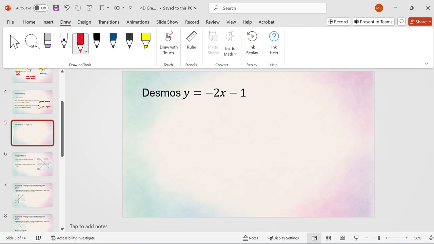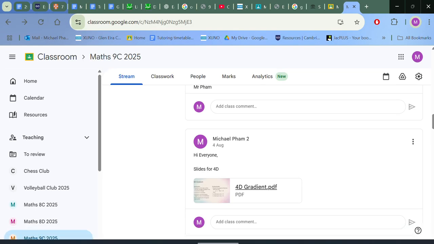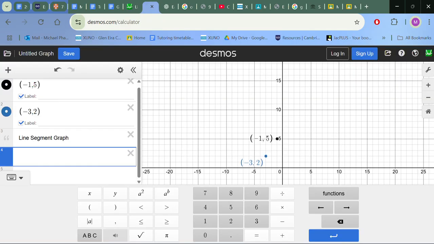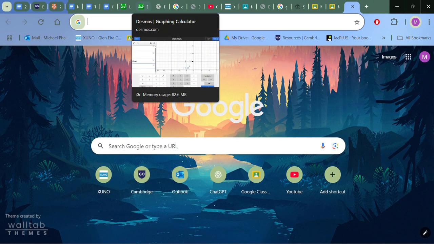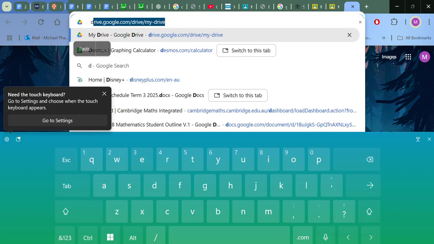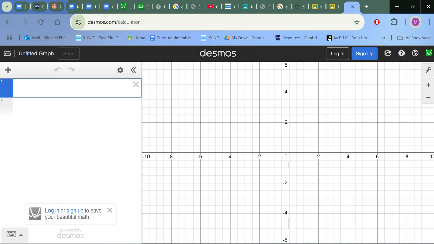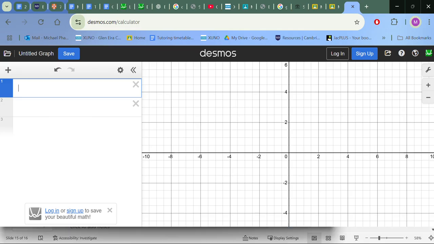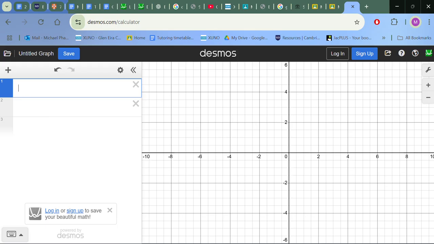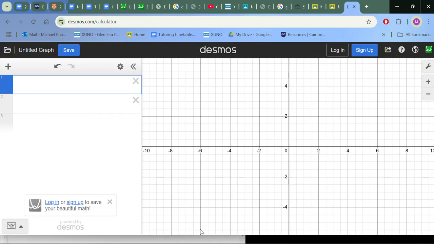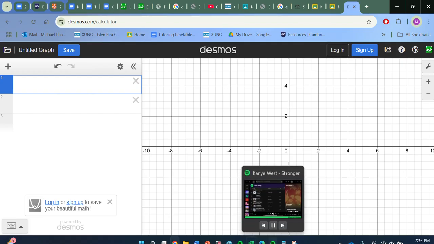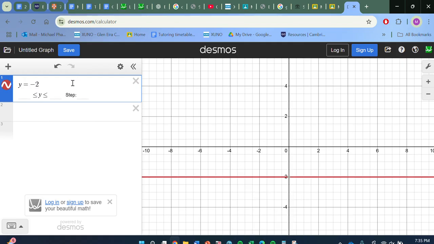So I'm just going to use this as an example. We'll just open up Desmos. I just type in Desmos right here. Okay, so this now just becomes y equals negative 2x.